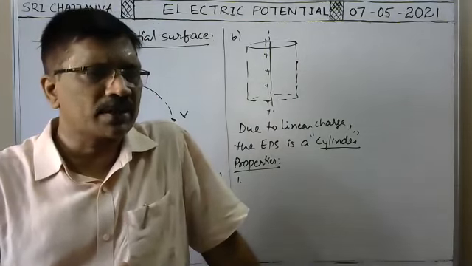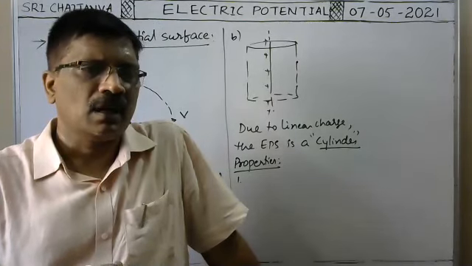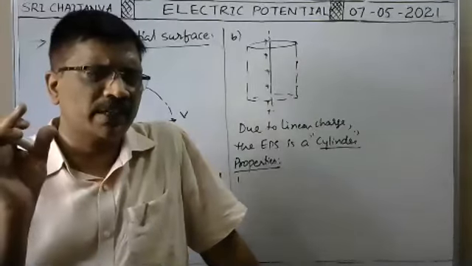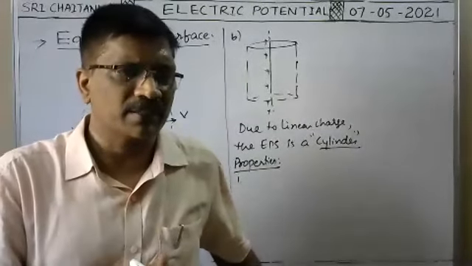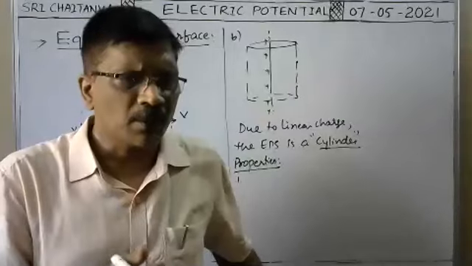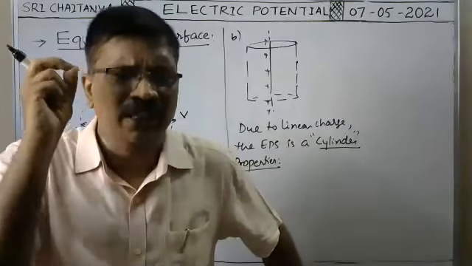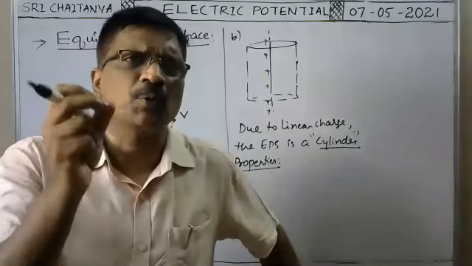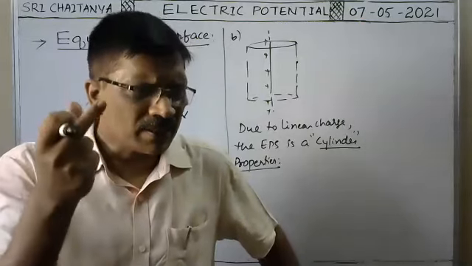At those 2 points, what is the potential difference? On the equipotential surface, we have taken 2 points. Between the 2 points, what is the potential difference? 0, because equipotential surface means the potential remains the same at every point. So when you choose 2 points on the equipotential surface at any distance, the potential difference is 0.